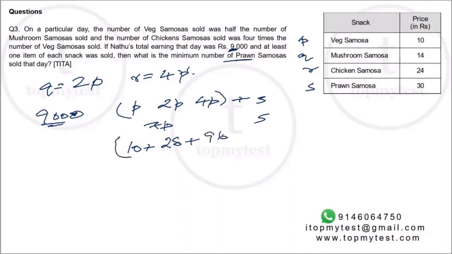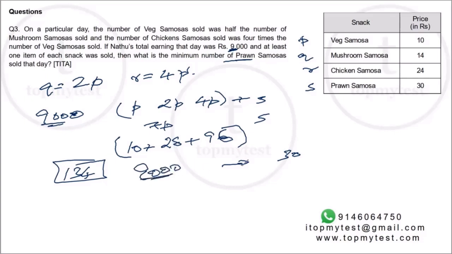So this comes as a bundle. 96 plus 10 is 106, 106 plus 28 is 134. So these are bundles of 134. This is one bundle, and the remaining is a 30 rupees bundle. Total of 9,000 rupees to be spent.